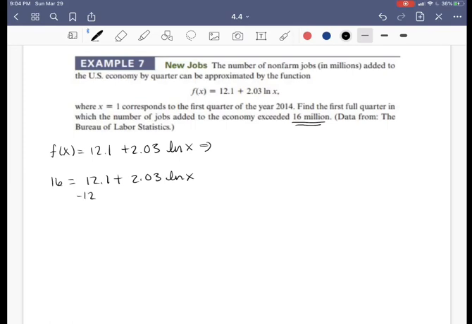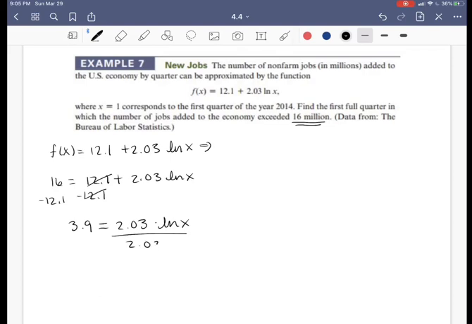Now we need to solve for x. So minus 12.1 on both sides. These cancel. And 16 minus 12.1 is 3.9, which equals 2.03 times the natural log of x.